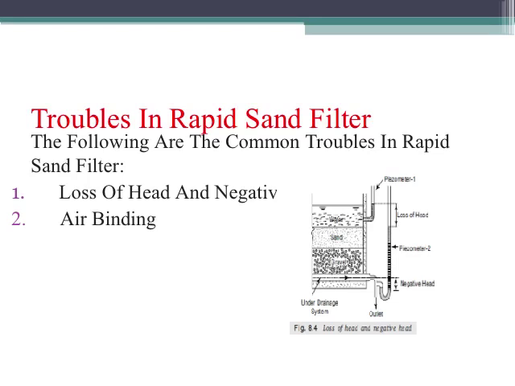We shall now understand about the troubles encountered during the operation of rapid sand filter. The first one is the loss of head. The water has to face a frictional resistance when it passes through the filtering media, that is, through the sand and the gravel. That is, the water percolating into the filter moves in the downward direction under the force of gravity.